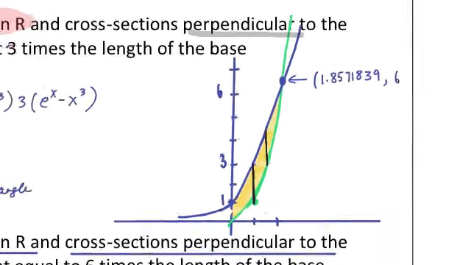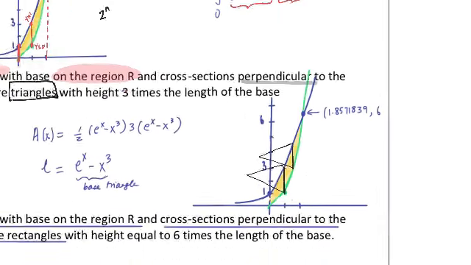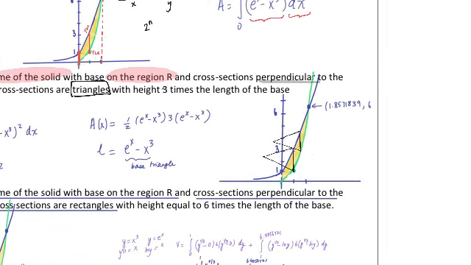So we have a triangle at each of these spots, right? We are erecting it so that it goes up this way, and then there'd be another one here, right? And so our base of the triangle is that same y high minus y low. So here's the base of the triangle, and then the height of the triangle is 3 times the base, right? And that's given to us in the question.